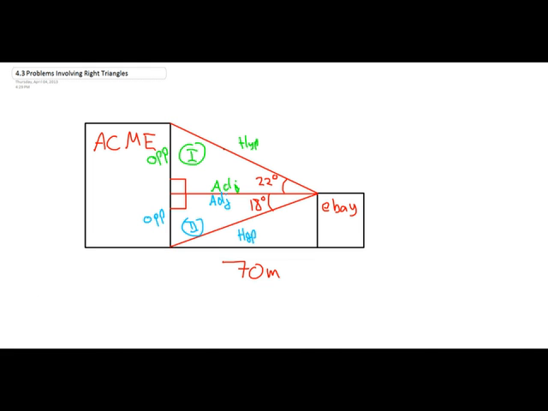So I want you to pause the video here and use your trigonometric skills to first find the opposite side length of triangle 2 and then the opposite side length of triangle 1. We're going to have to use SOHCAHTOA to help us out. So let's see. We know the adjacent side, and we're looking for the opposite side. So that means that we need to use tangent.